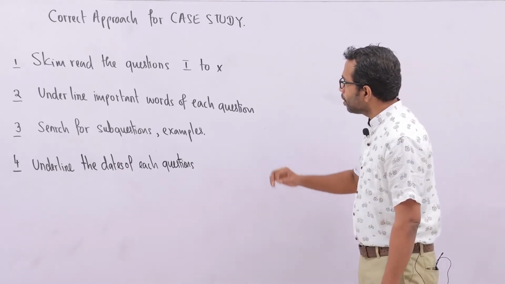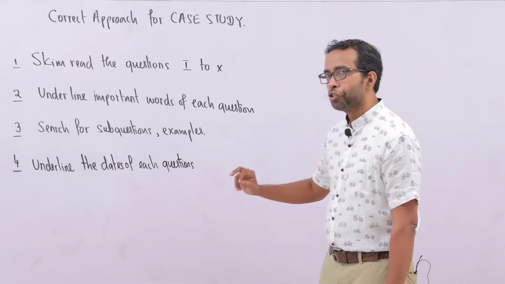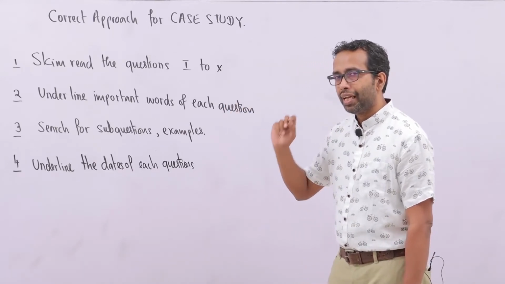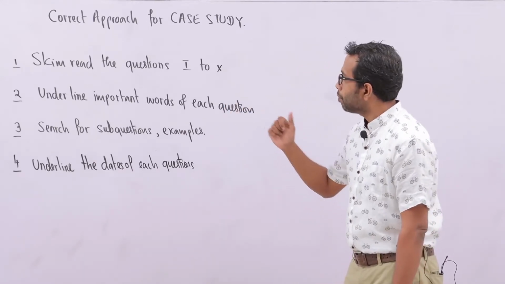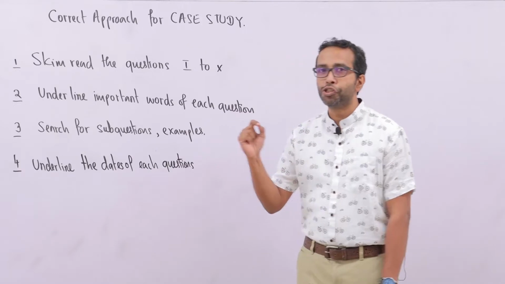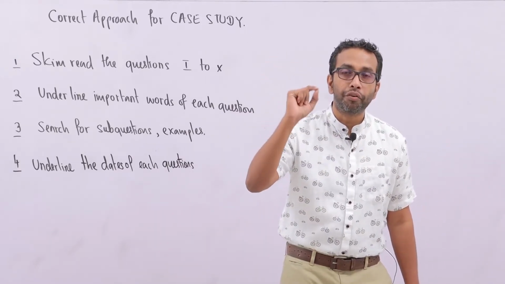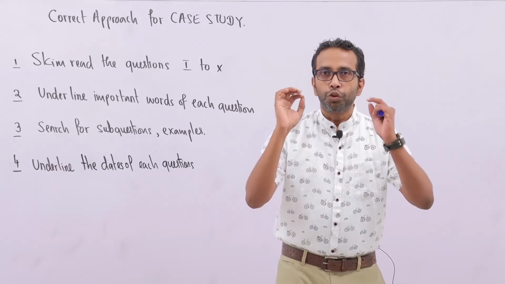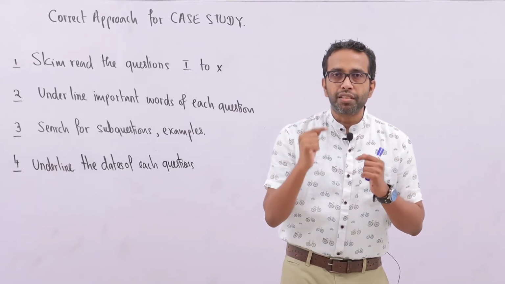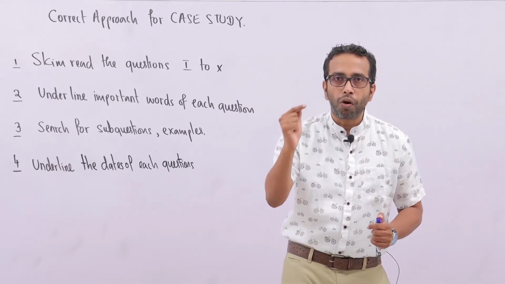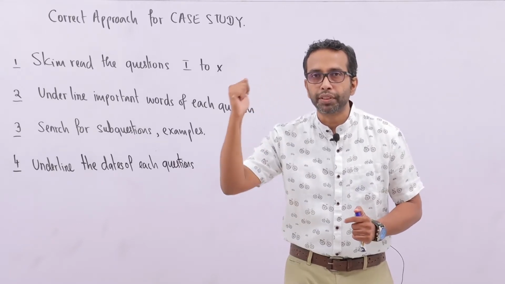Right. The correct approach for the case study question that you get as question number 1. You need to skim read the questions. Do not jump in and start reading the case. At the first instance, skim read all the questions, from question number 1 to question number 10.